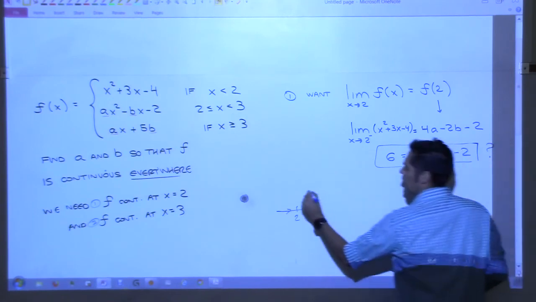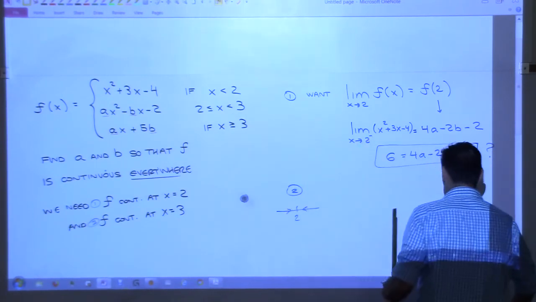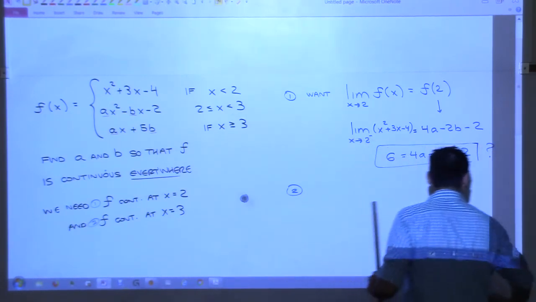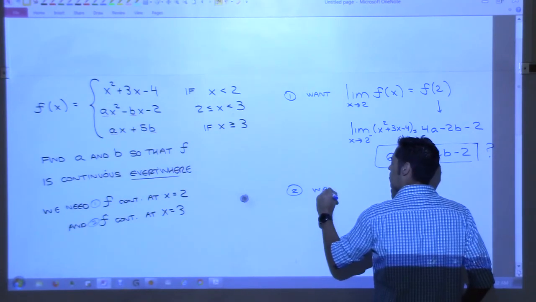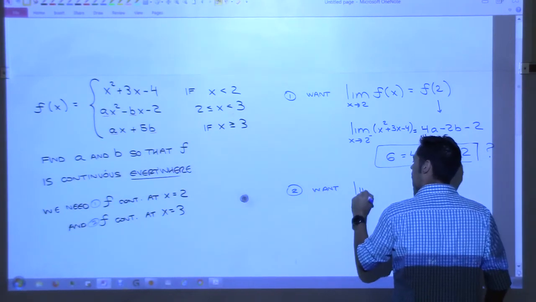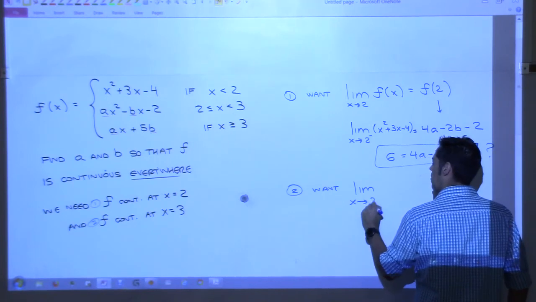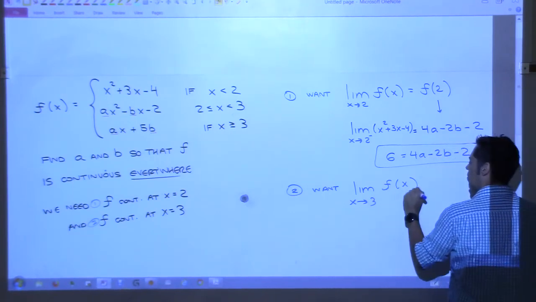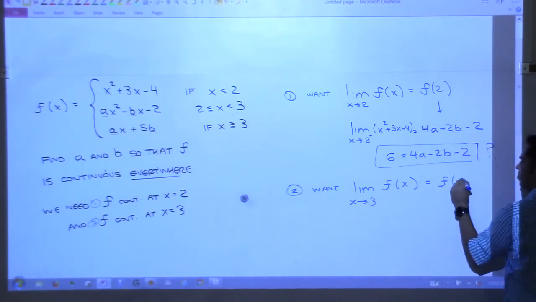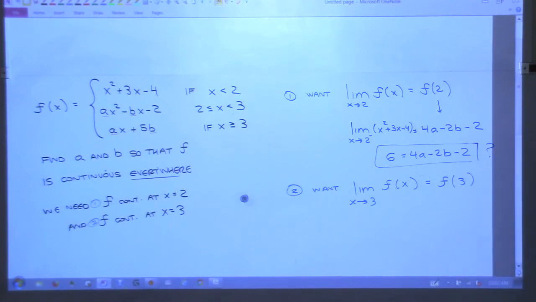Go to condition 2. What do we need to happen? What do we want to happen here for condition 2 to be met? The limit as x approaches 3 of the function needs to be f of 3. That's what we want to happen. Let's start with f of 3.